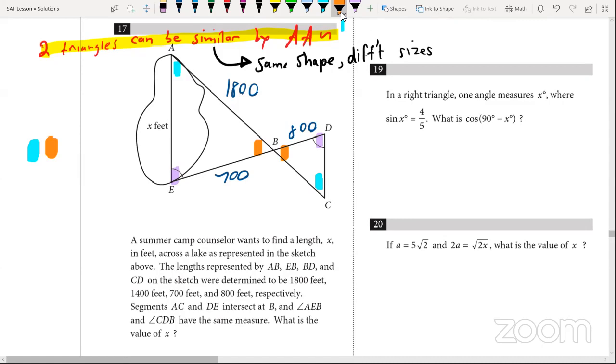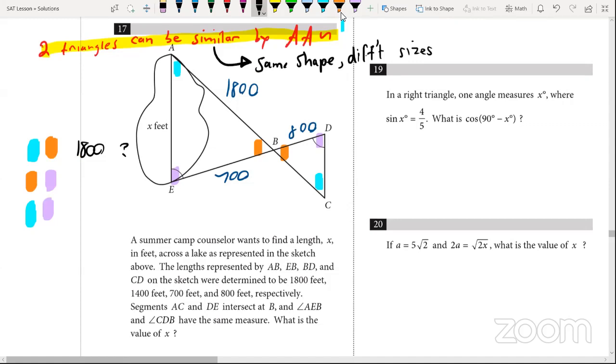And 700 is the side that goes from orange to purple. And X is the side that goes from blue to purple. So the two sides that go from blue to orange on both triangles are 1800 on the triangle on the left, and in the triangle on the right, we have an unknown, so I'll just put a question mark right there.